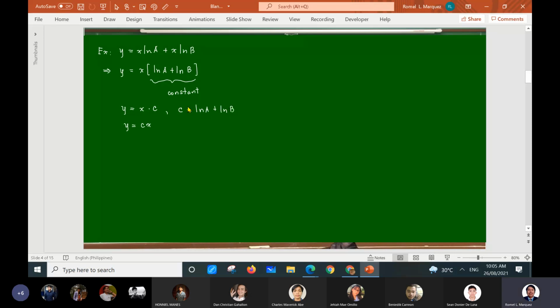Since I was able to write ln A plus ln B, which originally contained two arbitrary constants, into a single constant, we say that A and B are not essential. Only one arbitrary constant here is essential. Okay? And let's say it is C representing ln A plus ln B. So again, A and B are not essential constants.